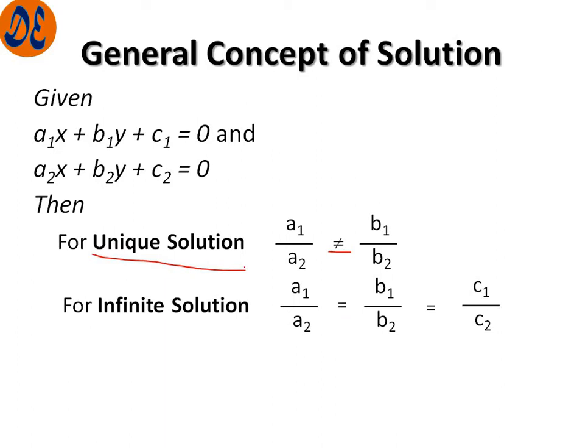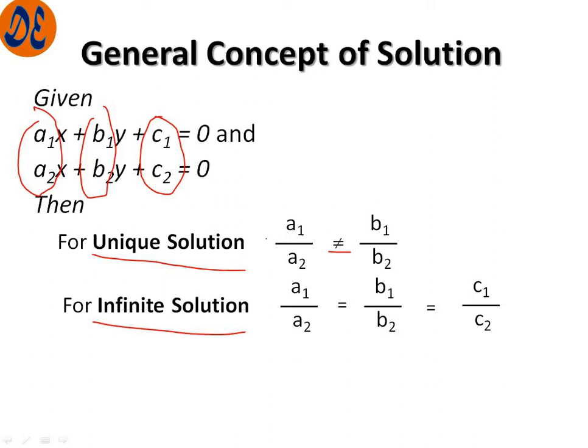Next, if we find a1 by a2 is equal to b1 by b2 is equal to c1 by c2, that means all three ratios are equal, there are infinite solutions. Why?